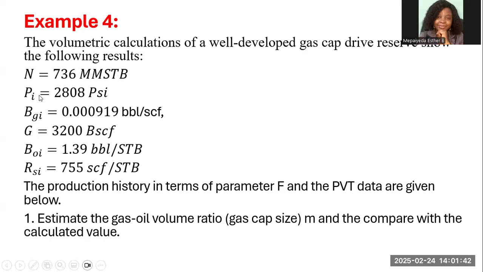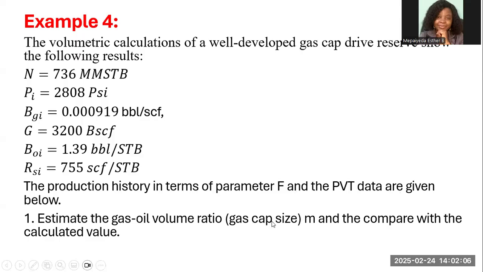Your initial reservoir pressure is given as this, your Bgi, remember, is given as this, your G, this is the billion scf of gas, 3,200 at the surface, your Boi, and your Rsi. Beautiful. The production history in terms of parameter F and the PVT data are given.